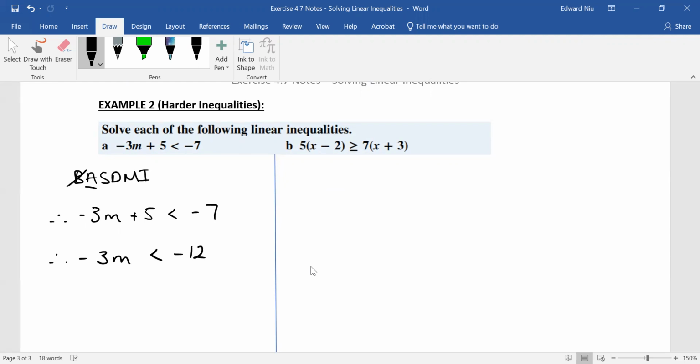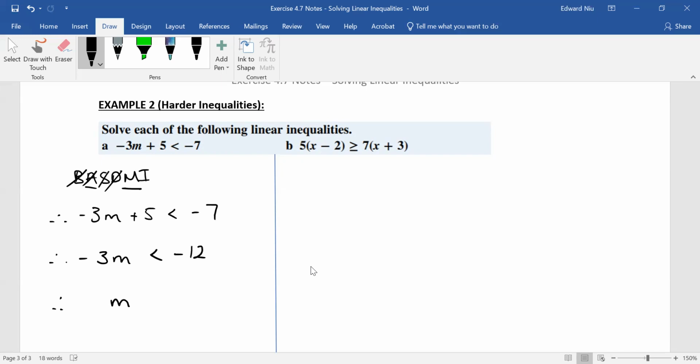And from here, we can cross out the A because there's no more addition terms in our second line of work. There's no subtraction, and there's no division, but there is a multiplication. Here we need to divide both sides by -3. So what's -12 divided by -3?